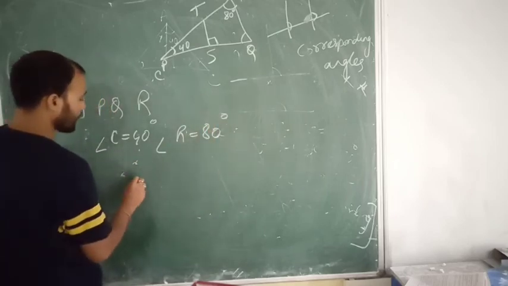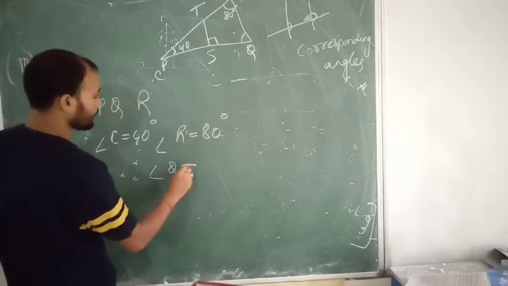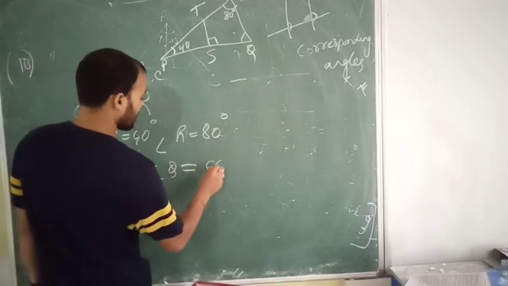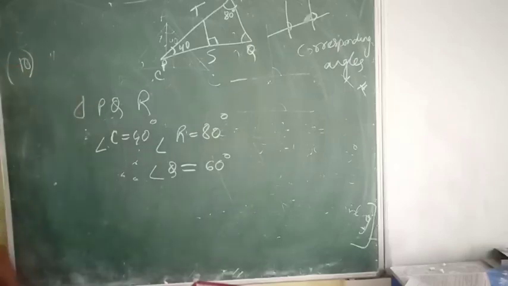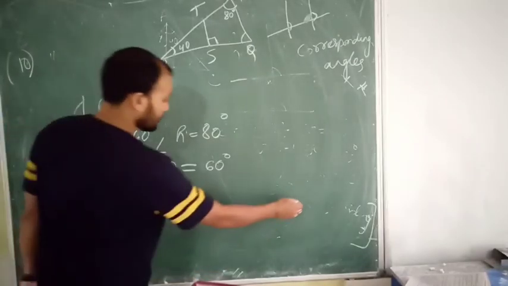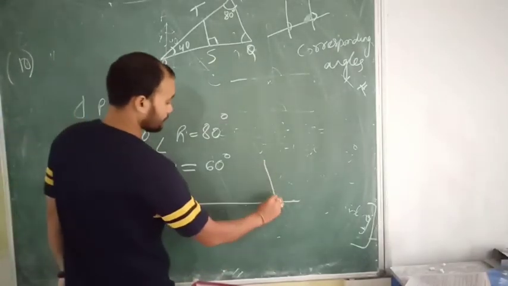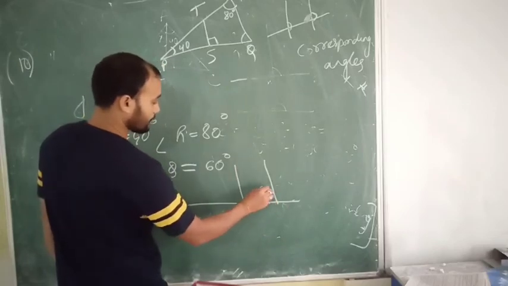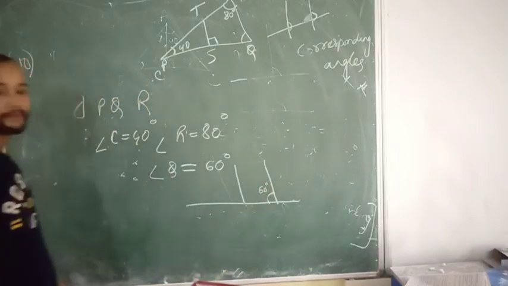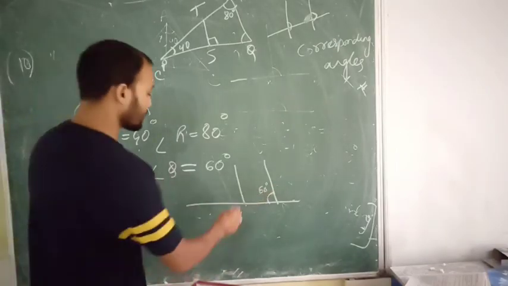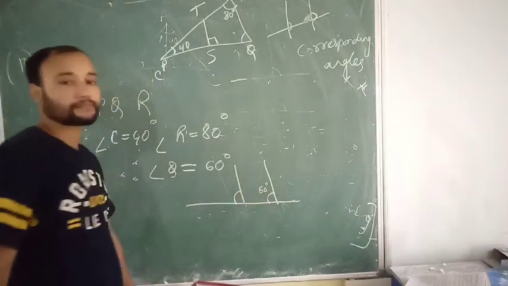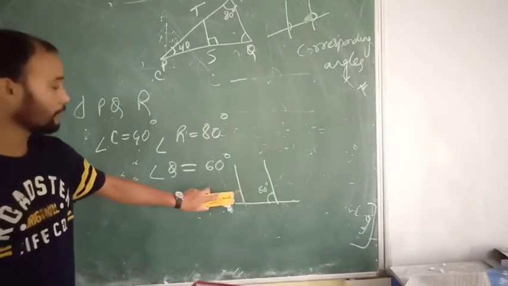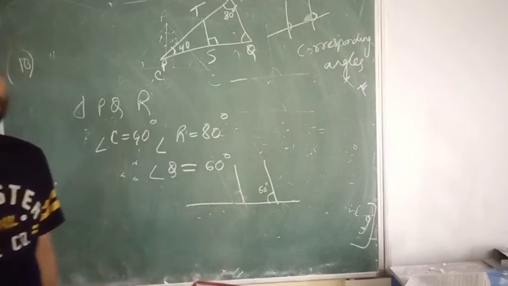Therefore, angle Q is equal to 180 minus 120, which is 60 degrees. Automatically we can find this. This particular angle is 60 degrees. If this is 60 degrees, then this is also 60 degrees. This corresponds. But we are not asked to find this angle. We are asked to find this angle.